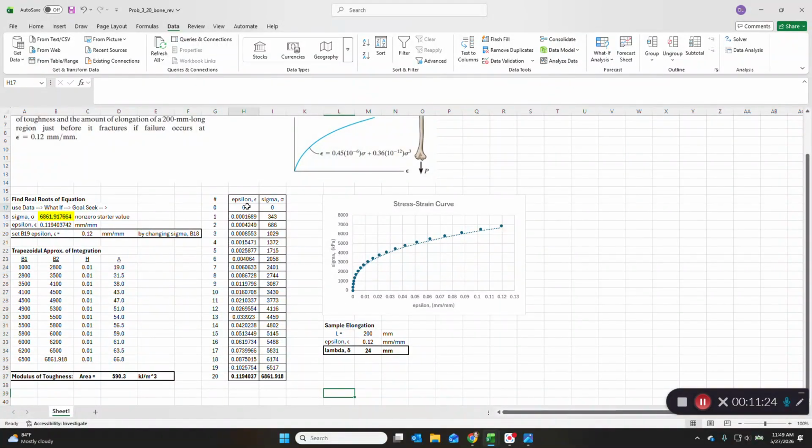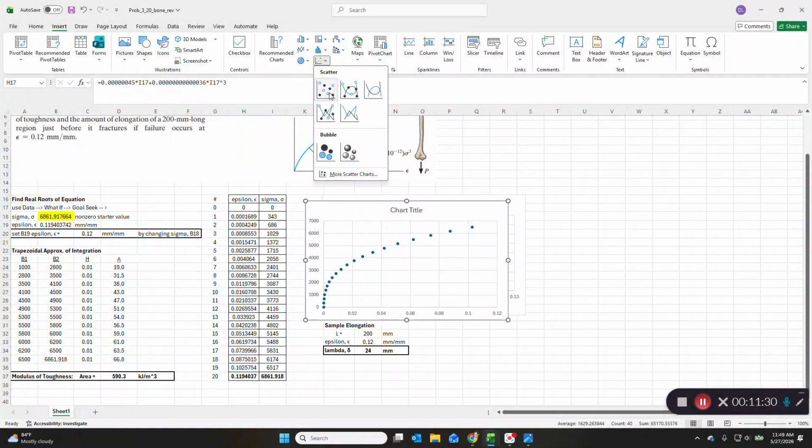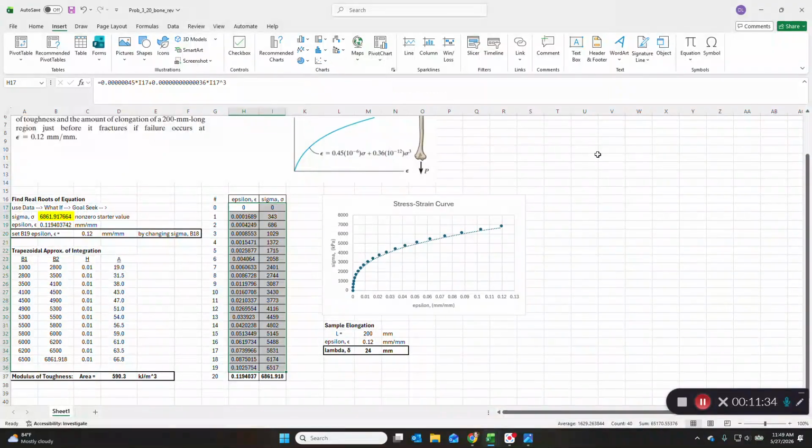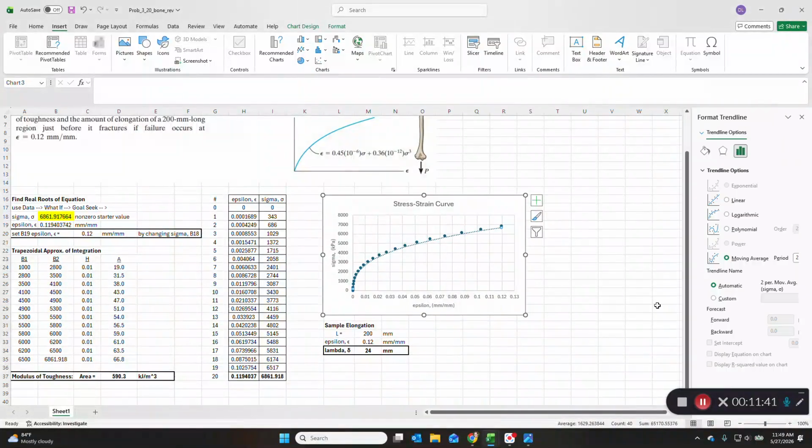So the reason I did this is just simply so I could plot the data, and that way I would use a plot that looks like this, and I already have it here, right? So I don't need to replot it. So I fit a trend line to this, and this trend line is just a moving average with a period of 2.